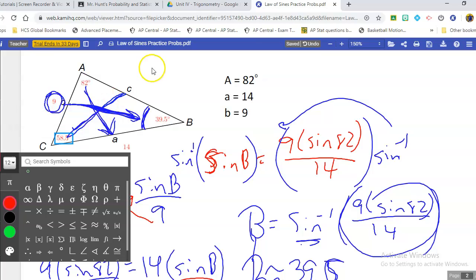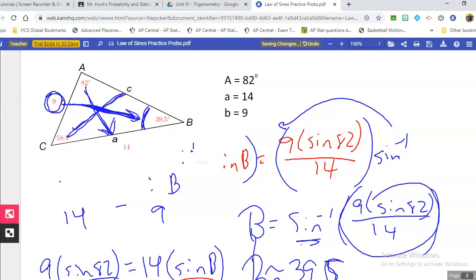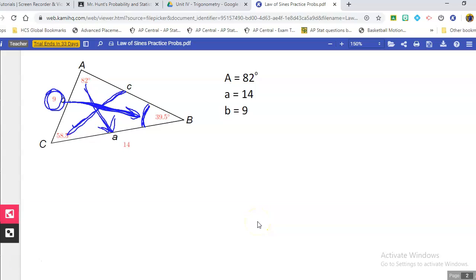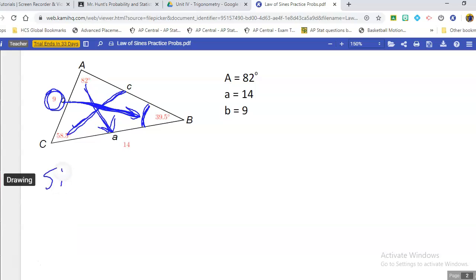sines now. So we're going to now use all that to find what side C is going to come out to be. So let me clear out some space here, and we'll then find the length of. Okay, so I've cleared that out, and again, we're going to work with this relationship between angle C and side C. We're going to start off again with the sine of 82 and its opposite side, which we know is 14.